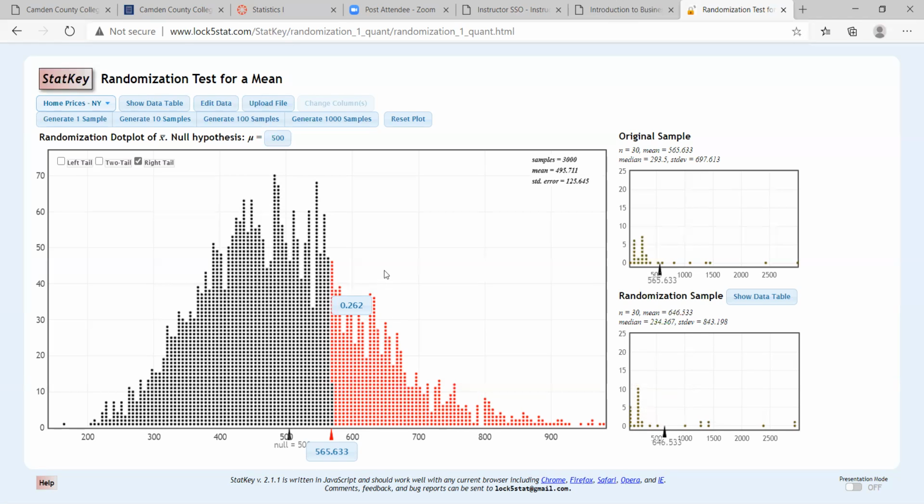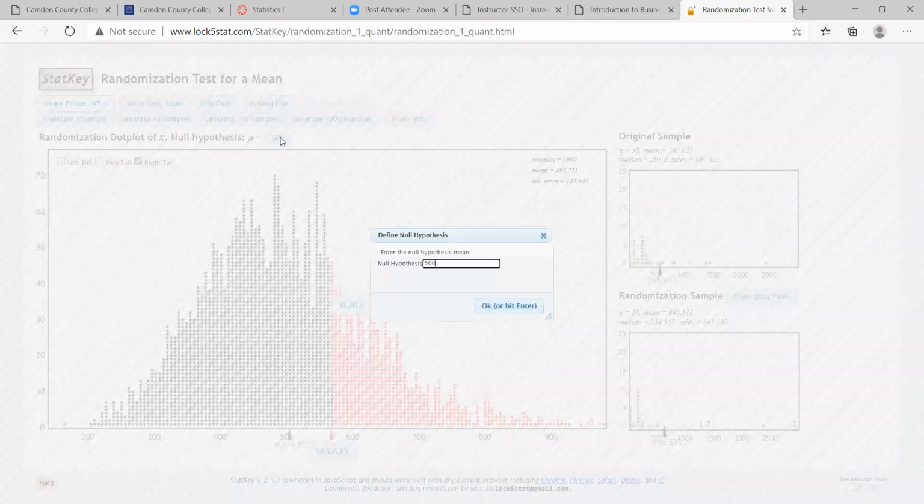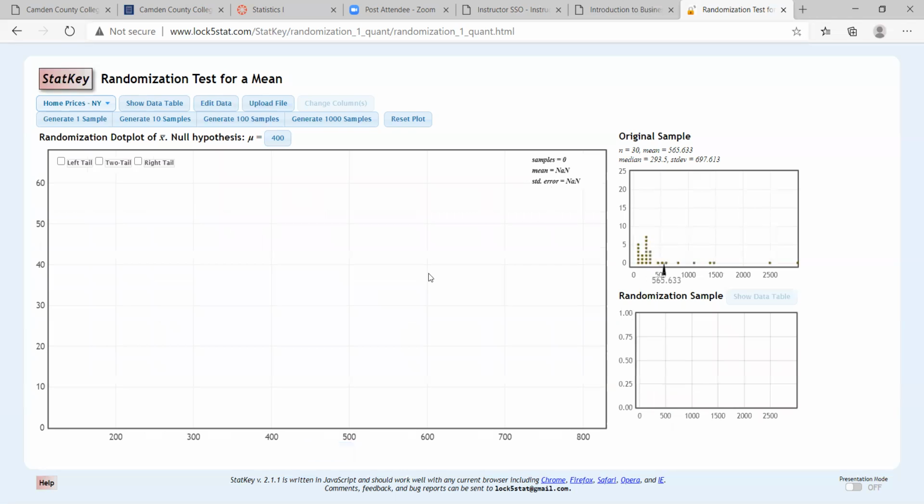Now, if we change the test a little bit and make the null hypothesis 400,000, and make alpha 1%, 0.01, we'll do the right tail test again.